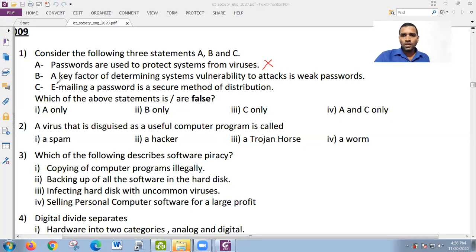Second, a key factor of determining system vulnerability to attack is weak password, right? We have strong passwords and we have weak passwords. Strong passwords are always hard to guess. You cannot guess the other's password if it is strong.